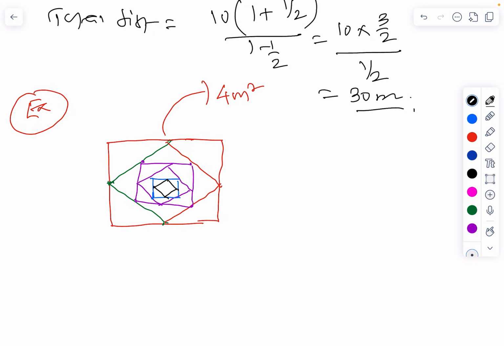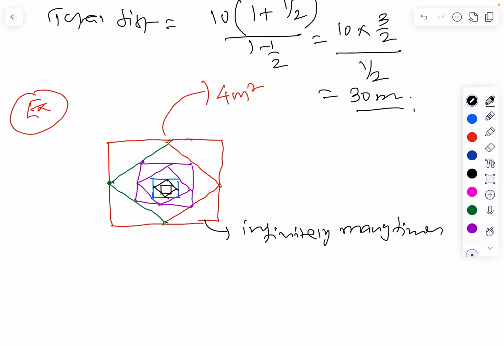This process goes on and on infinitely. Continue this process infinitely many times.